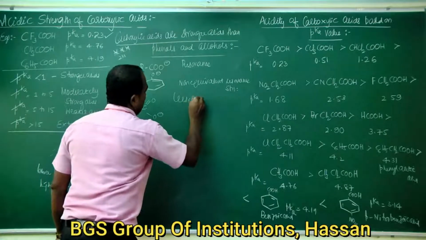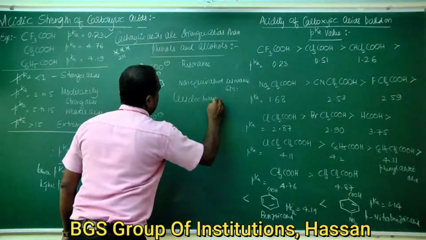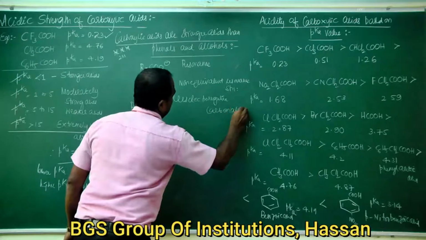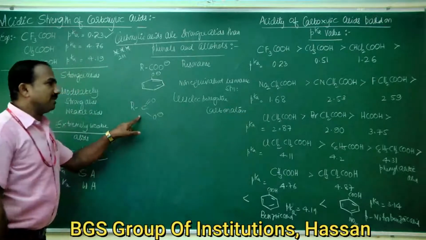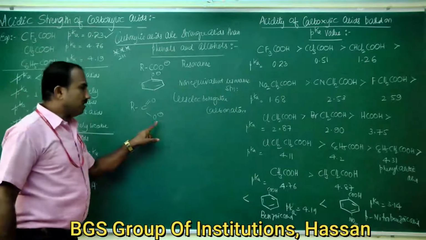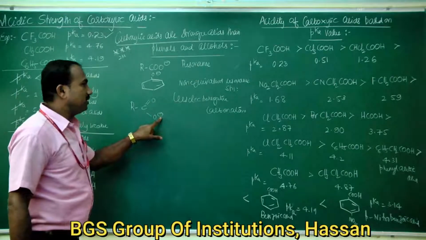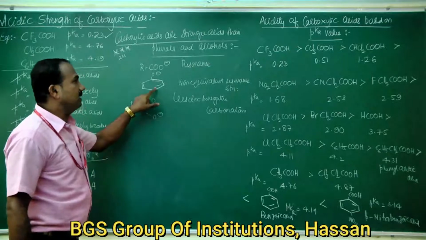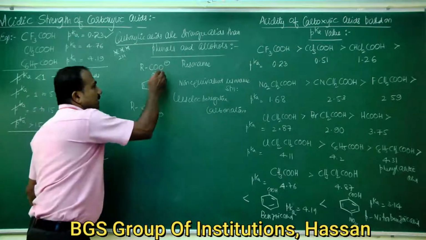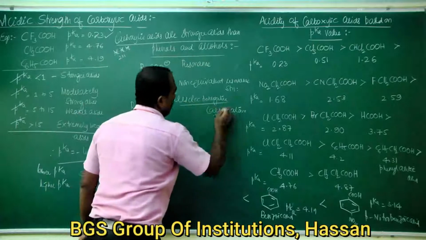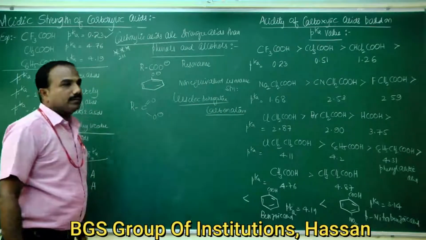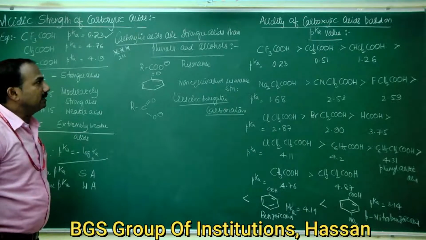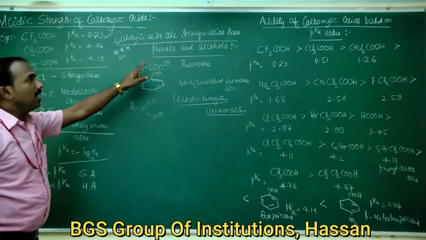In the carboxylate anion, the negative charge is present at the more electronegative oxygen atom, whereas in the phenoxide ion, the negative charge is present at the less electronegative carbon atom. Therefore, carboxylic acids are stronger acids than phenols and alcohols.